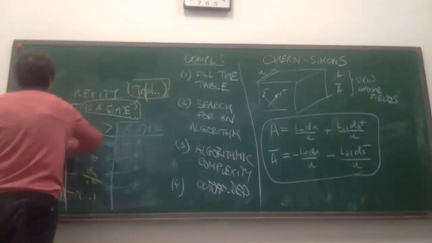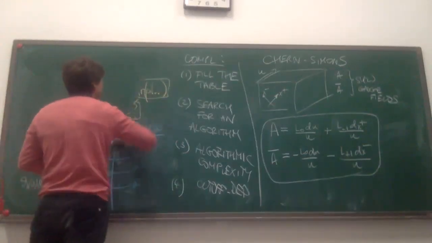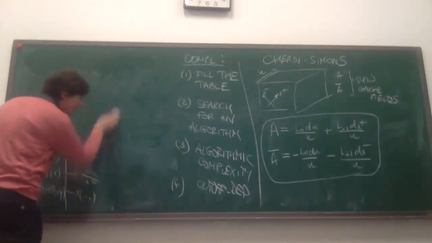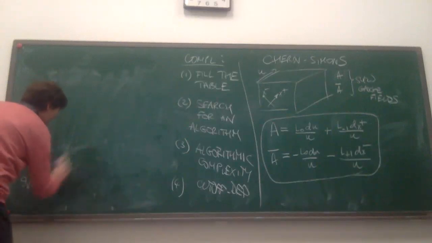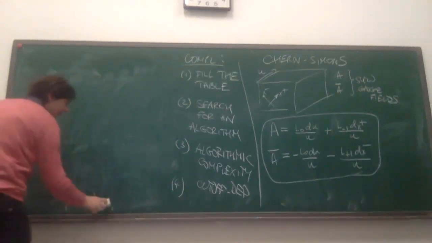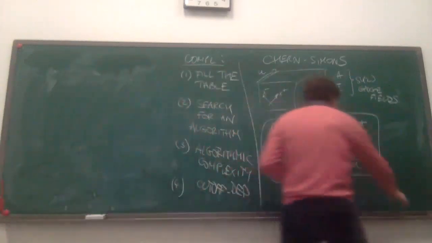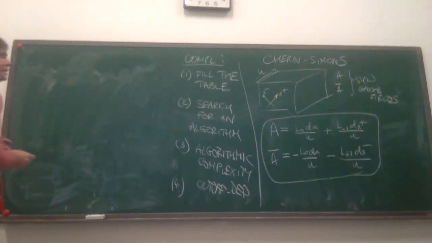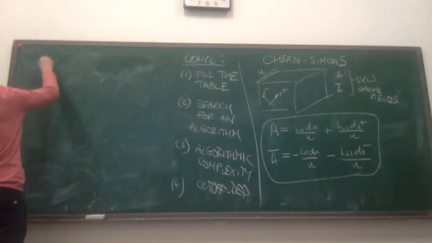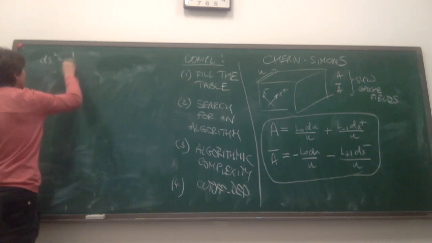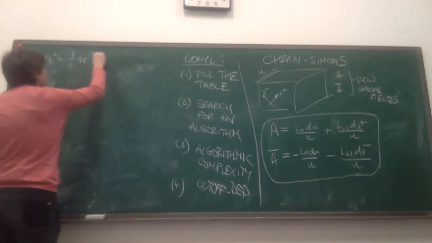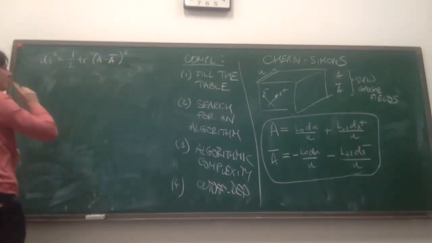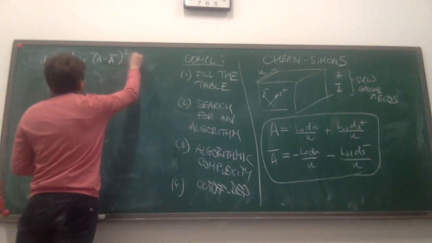The formalism tells me that once I have chosen the fields A and A bar, I can write down from them a metric for this space parameterized by x plus, x minus, and u. The metric has the form 1/2 trace of A minus A bar squared, which if I write it in coordinates will be clear.